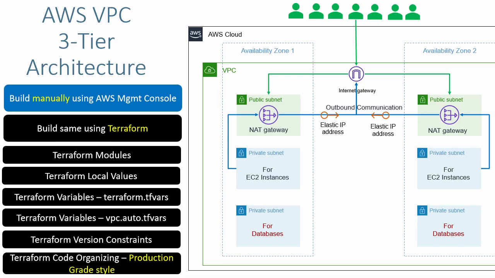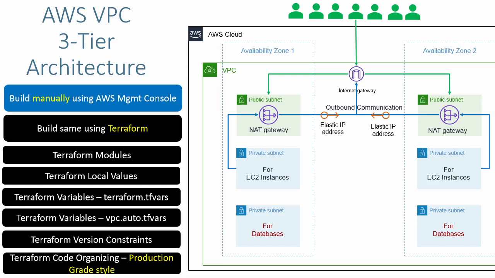You can see I build it manually using the AWS management console, then build the same using Terraform modules, Terraform local values, Terraform variables, vpc.auto.tfvars, Terraform version constraints, and Terraform code organization in production-grade style.